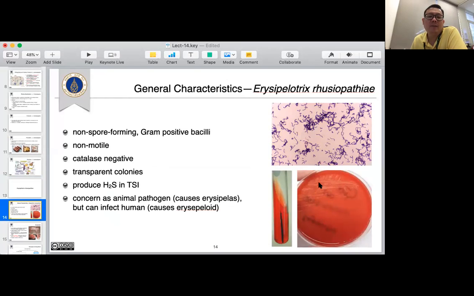And sometimes in TSI, well, you will learn TSI a lot next week. TSI is a test for sugar use of bacteria. Mostly the test is used for gram-negative bacteria, but Erysipelothrix can produce hydrogen sulfide, so you probably see the black color inside the TSI. This is the general characteristic of Erysipelothrix.